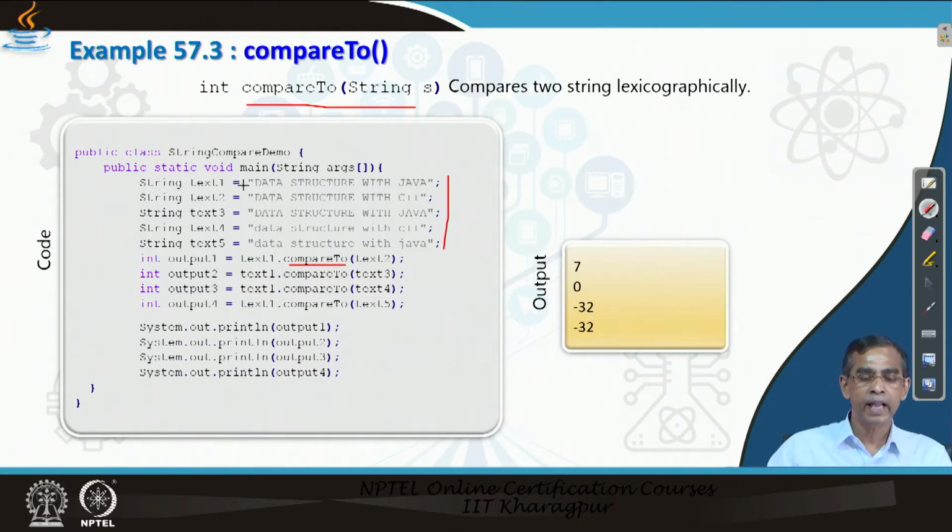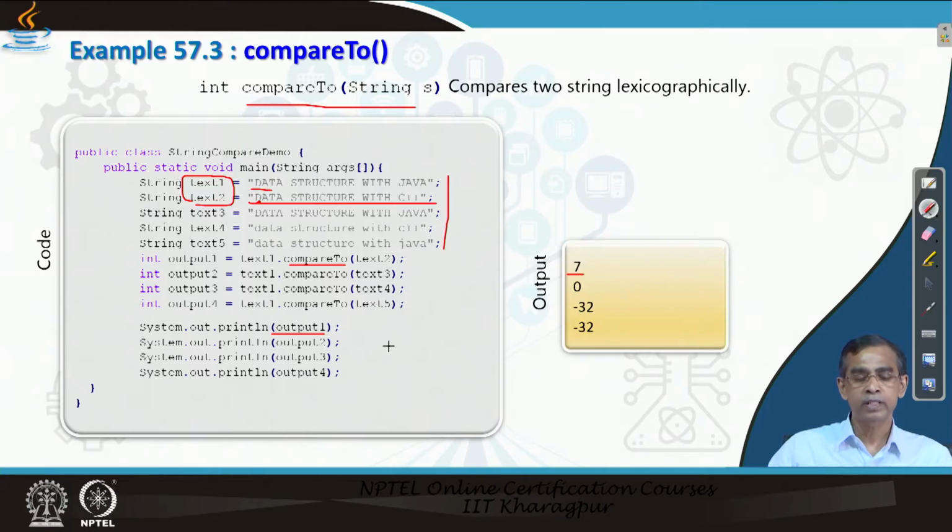Every character in Java is stored in the form of a 16-bit Unicode. So they compare with respect to Unicode. For example, here text1 and text2, when compared, return the result 7. This result is according to the Unicode formalism.